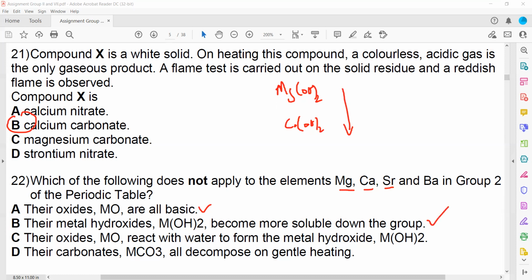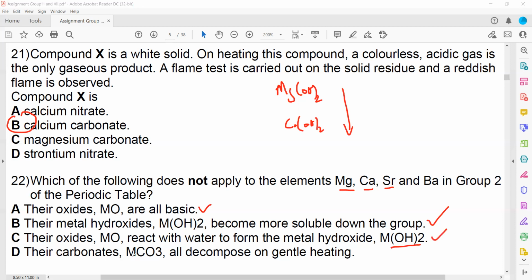Their oxides react with water to form metal hydroxide. So this is option 22, their carbonates all decompose on gentle heating. Their oxides react with water, if mixed with water, they can form metal hydroxide. That is true.